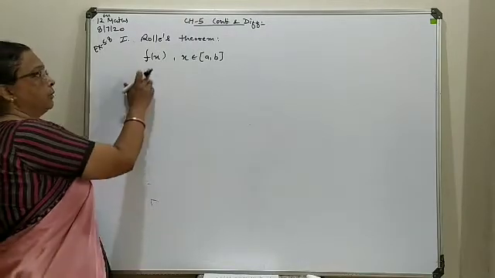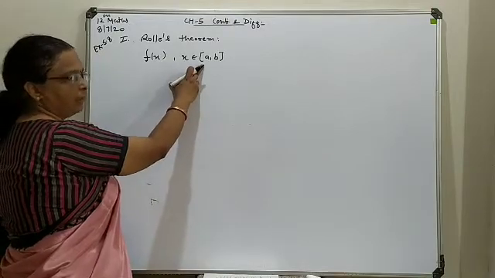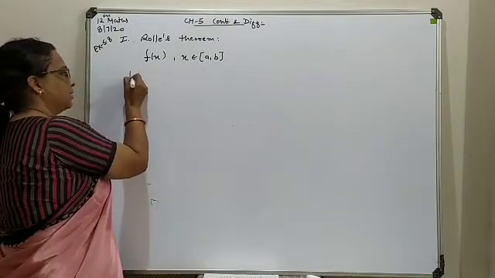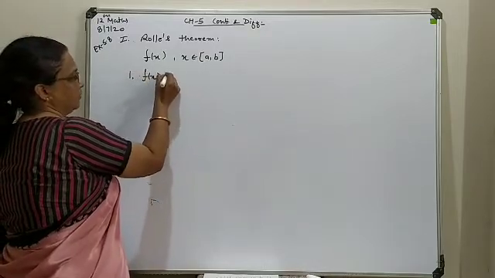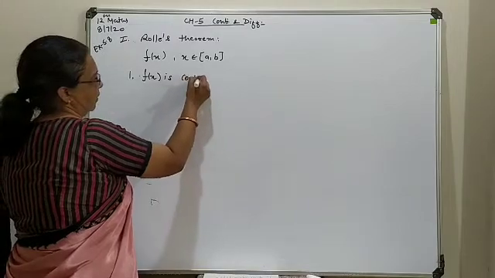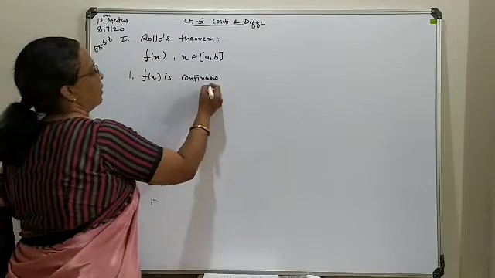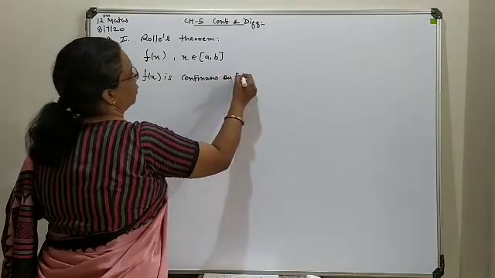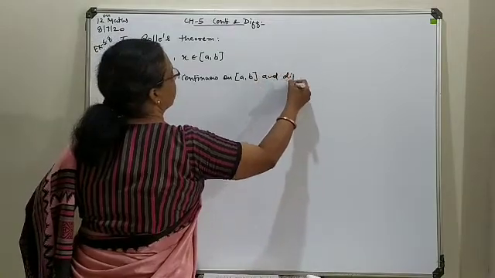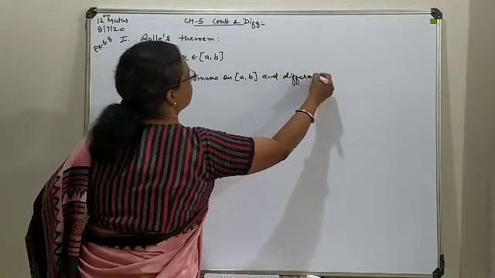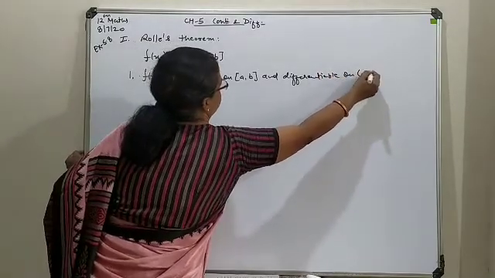So first of all, you look at the question form, which form it is in for the given range. Your first step is to check that f(x) is continuous on the closed interval and differentiable on the open interval.